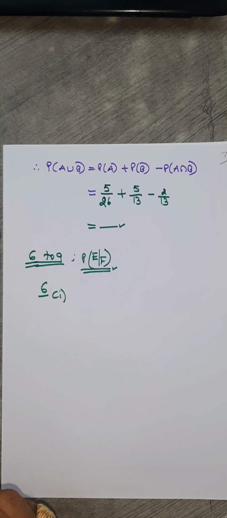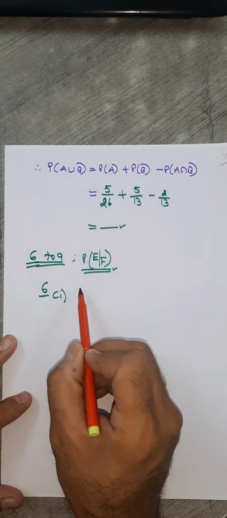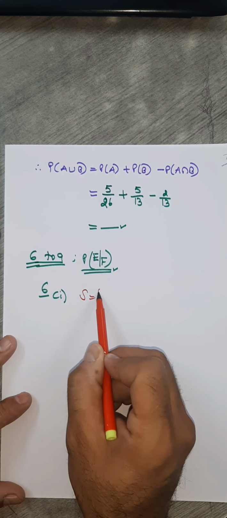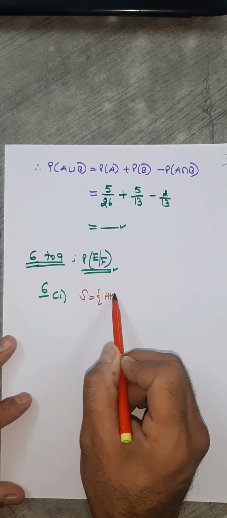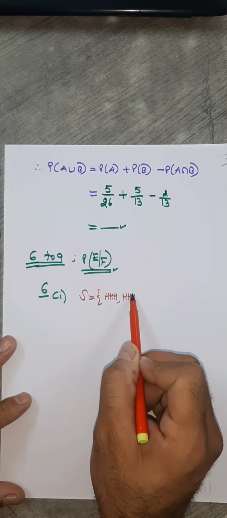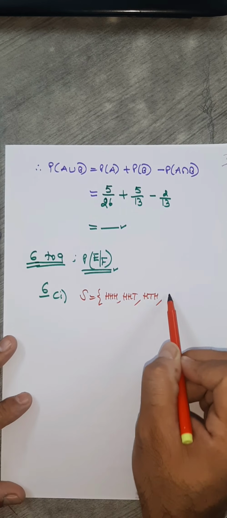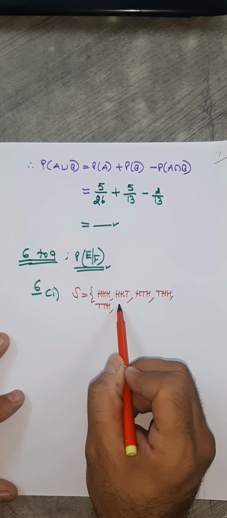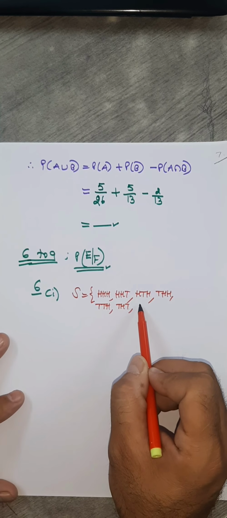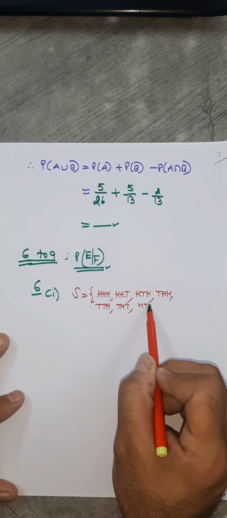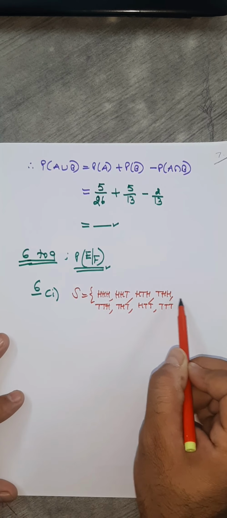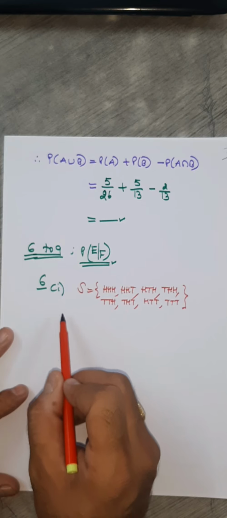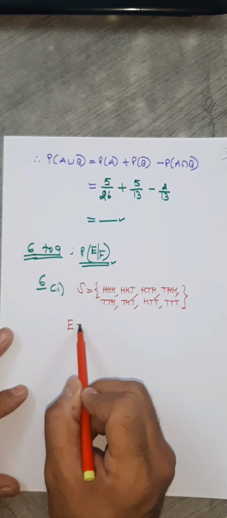What is the main sample space? That is, a coin is tossed 3 times. So here this S, you know, it is HHH, then HHT, then HTH, THH, then you have TTH, then THT, then HTT and TTT. These are the 8 outcomes in the main sample set. Okay, what is event E here?